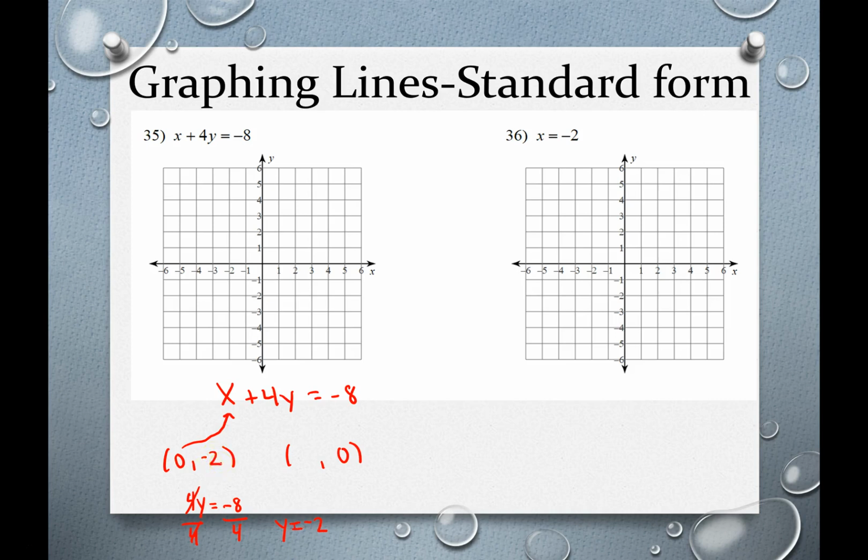Next thing I'm going to do is instead of putting 0 in for x, I'm going to put 0 in for y. So that whole thing disappears, because it'll be 4 times 0. So that's gone, and now I'm left with just x equals negative 8. Graphing these 2 points, 0, negative 2 is just a down 2, because left-right is 0, and it's going to be down 2 because that's negative.